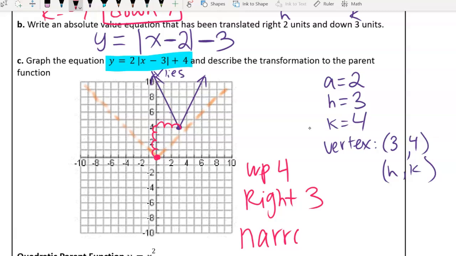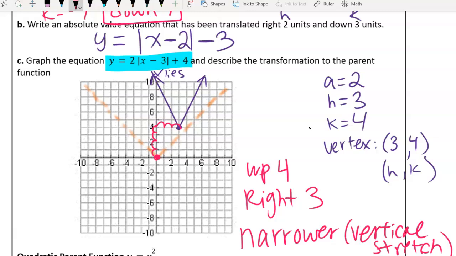Yeah, and that is called a vertical stretch. Remember, stretch means we're stretching up, like our first morning stretch. And a vertical compression means we're compressing down towards the x-axis. This will be a vertical stretch. Any questions so far?